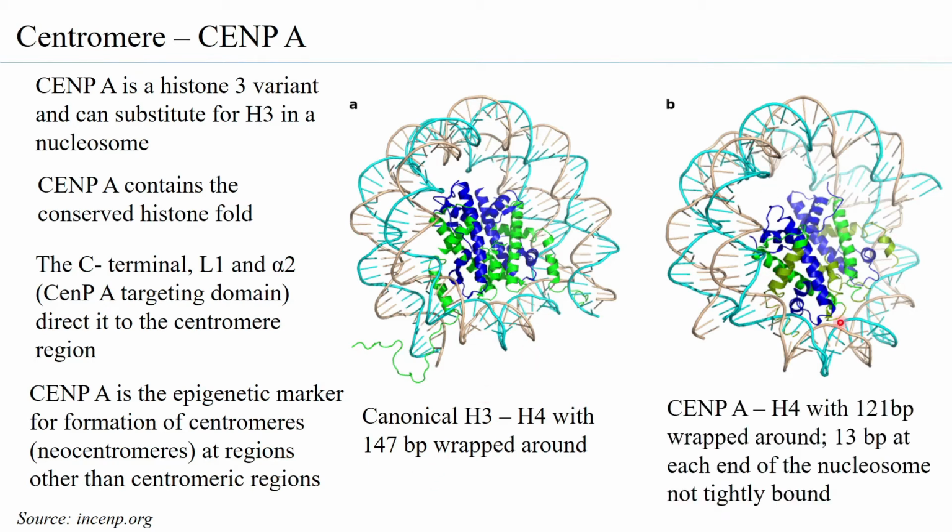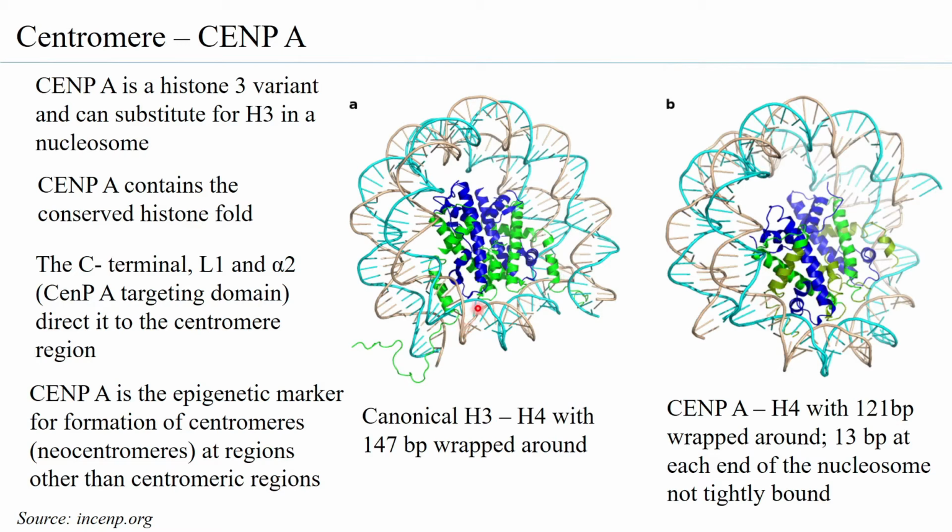But in a nucleosome core particle which does not have an H3, but instead has a CENP-A, here what you have is a CENP-A H4 that is present. And we also know that when you have the H3-H4, the DNA winds around the nucleosome even before the H2A and the H2B come and bind. So in this case also, the CENP-A and the H4 is the nucleation center for the winding of the DNA, but there is one interesting difference between the two.